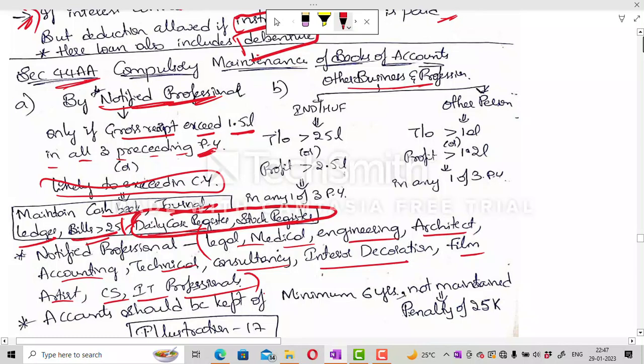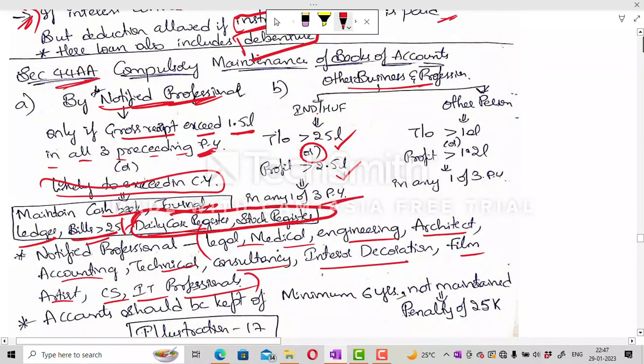And for any other business or profession other than these professionals, in case they are carrying on any business or profession, then in case of an individual, if turnover is more than 25 lakhs they need to maintain books, or if profit is more than 2.5 lakhs they need to maintain the books. If any of the two conditions is fulfilled, they need to maintain.